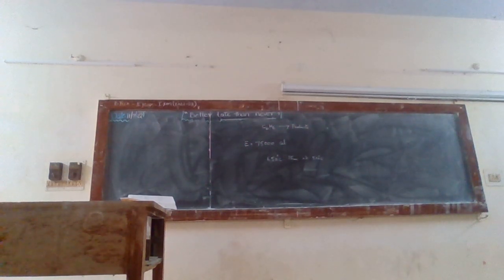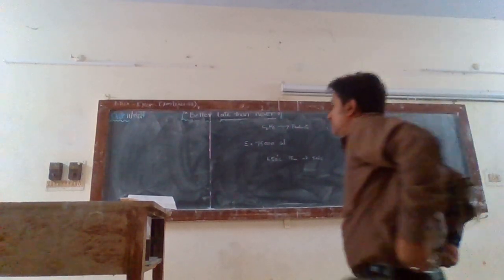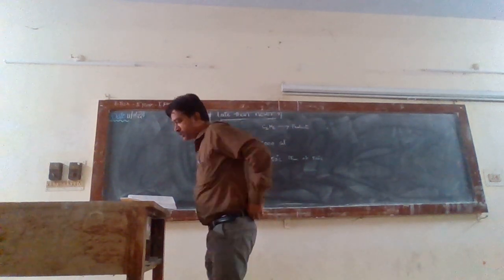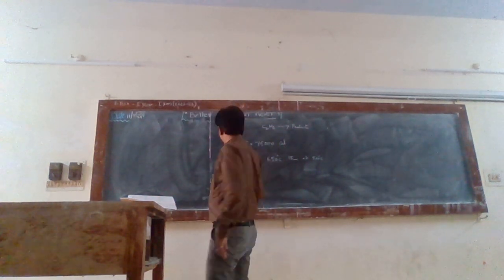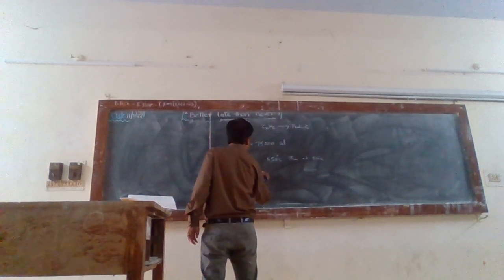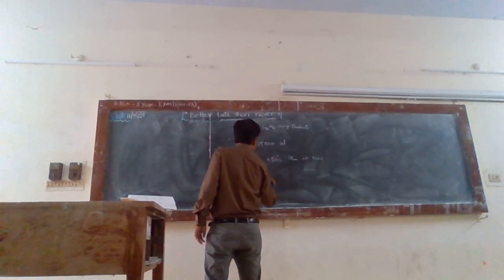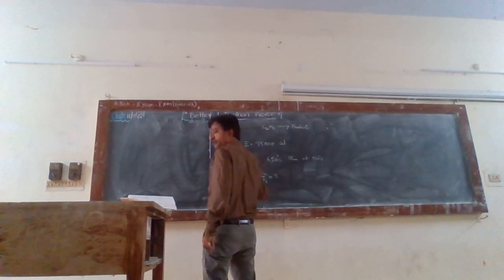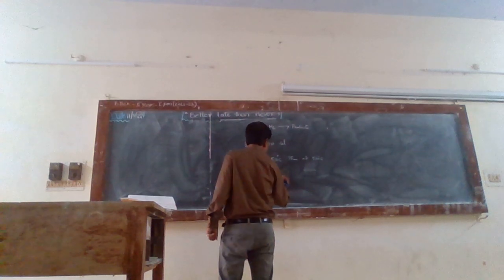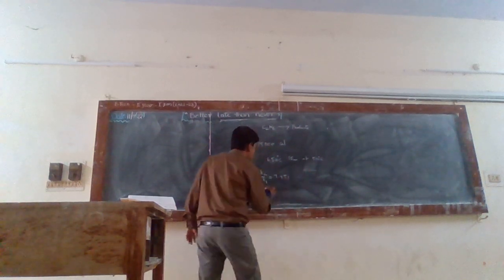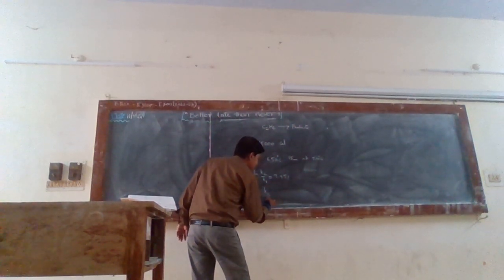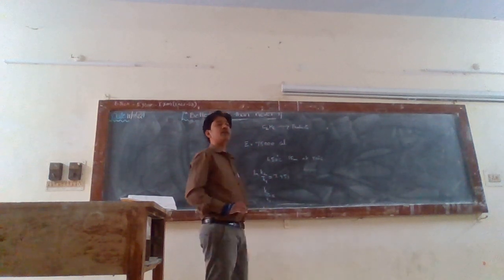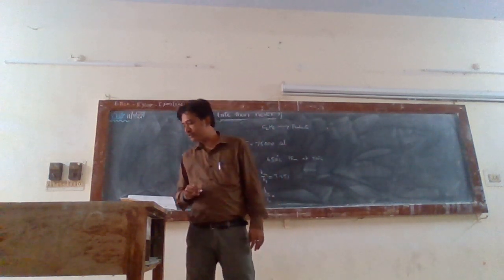What is ln K2 by K1? 7.97. Correct. ln K2 by K1 you will get 7.935, maybe 7.93 or something else. Now what is K2 by K1?